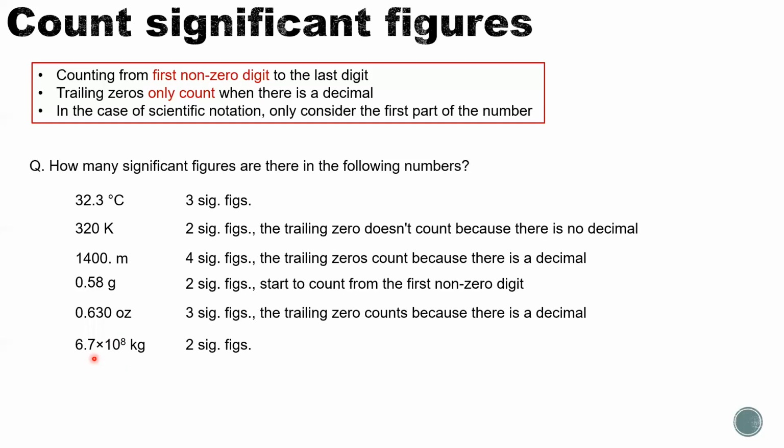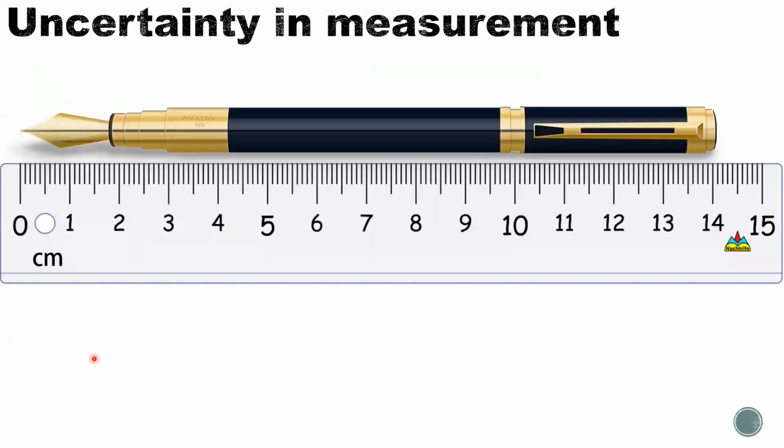All right, so now you know how to count significant figures, but why do we care about it? That's related to the uncertainty in measurement. For example, here we have a pen. We want to measure the length of the pen, using a ruler whose resolution is 0.1 centimeter.